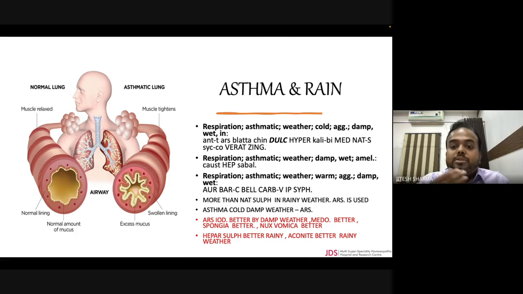You have to do a clear differentiation between Medorrhinum, Natrum sulph, Kali bichromicum, Dulcamara. Everybody has their own typical symptoms, like inspiration difficult, expiration difficult. Whether they can breathe easily or cannot breathe easily, or cannot inhale easily, or can inhale easily but exhale is difficult. These little things will help you differentiate these remedies.